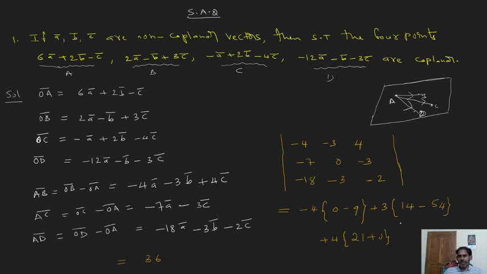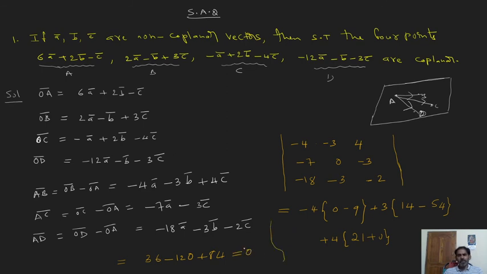This is minus 40. So 3 into minus 40 is minus 120. Next, 4 ones are 4, 84. So 84 plus 36 is clearly 120. So 120 plus 120 minus 120 will be 0.